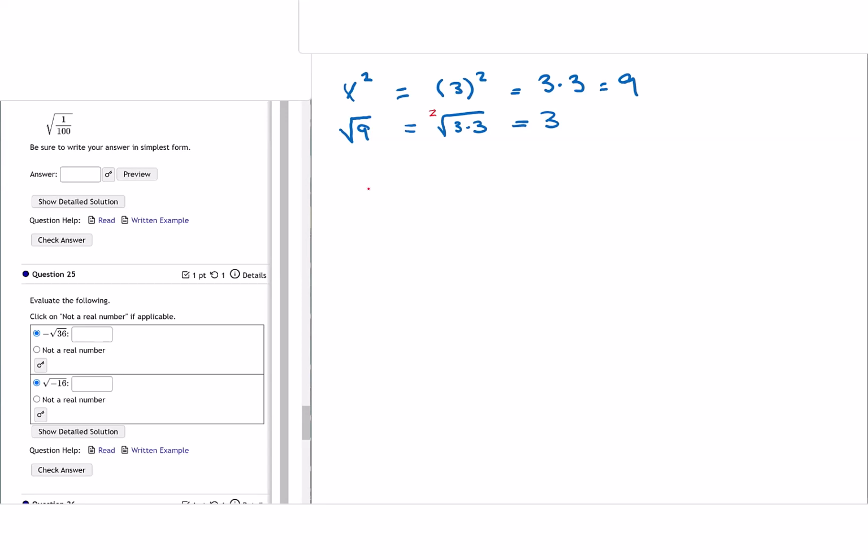That's what the square root means. It means I want to have 2 of the same value under the radical, and then I get one of them outside. So it's really just going backwards from squared. It's called the inverse. You don't have to know that for anything, just in case you ever hear it.